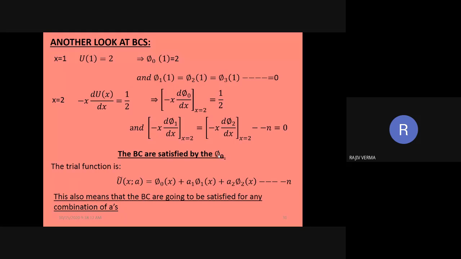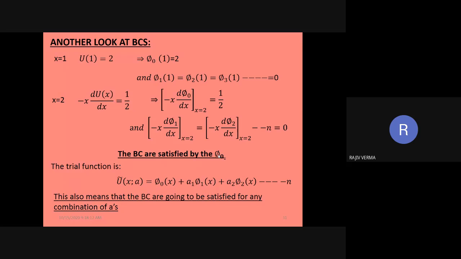And despite the fact that A1, A2, and A3 can have any value, the trial function is going to satisfy the given boundary condition. Now this is important.